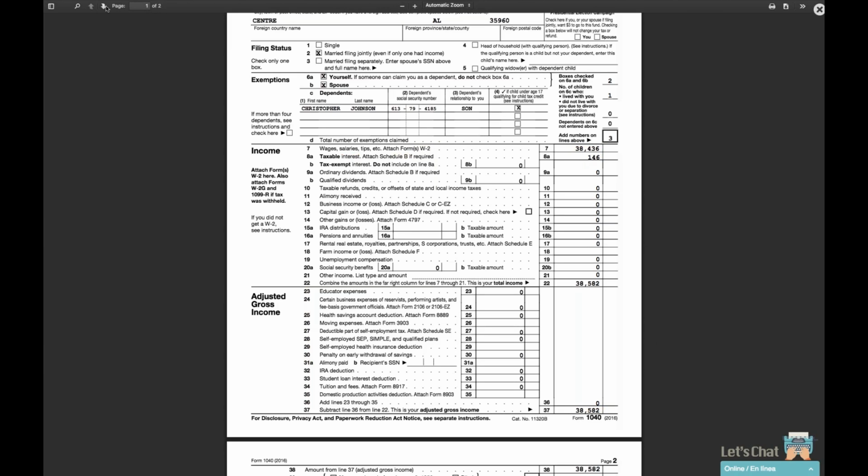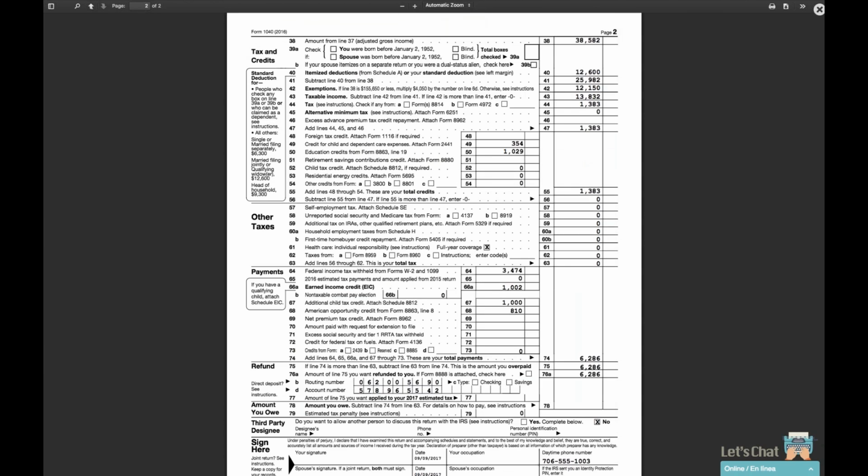And for that, I'm going to go to page 2. And I'm going to focus on page 2, line 38 and below. So that means that the Johnsons, Karen and Richard, are reporting total income of $38,582.